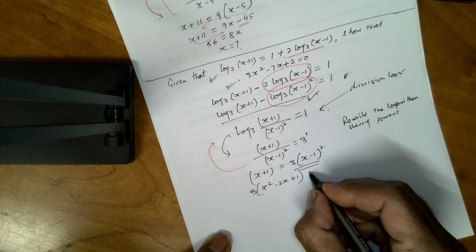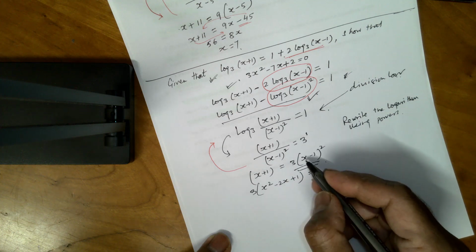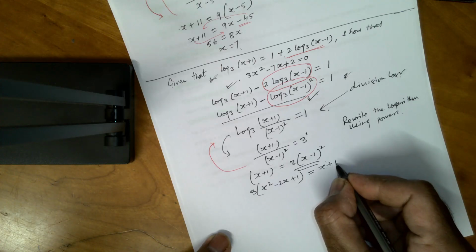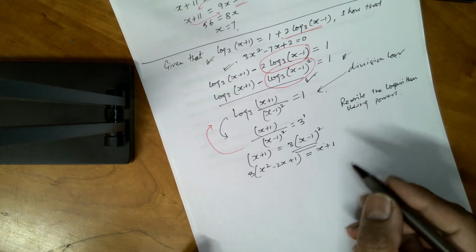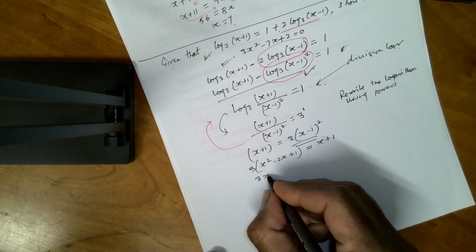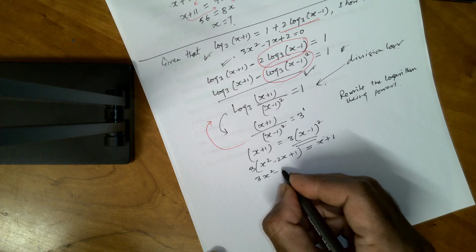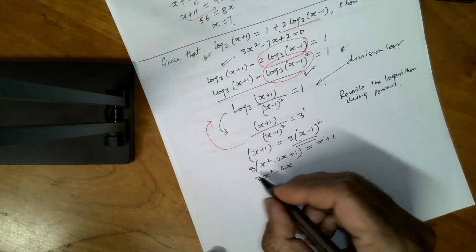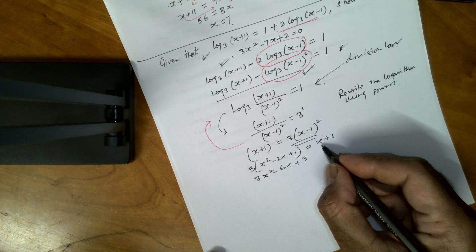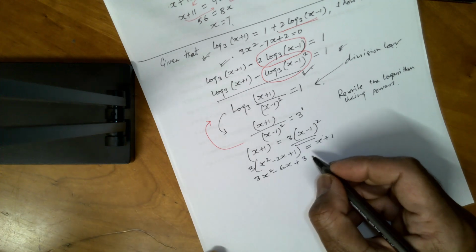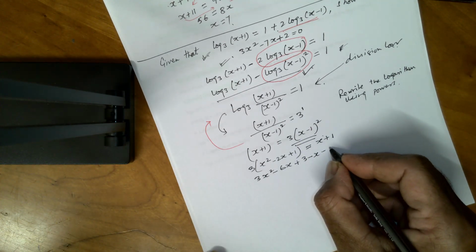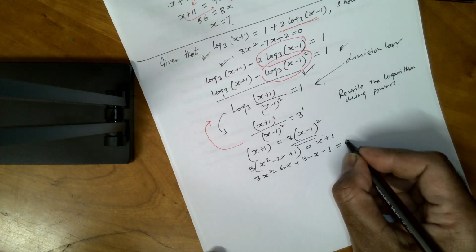And all I've done is simply moved this to the other side, so that I can solve this easily. Now open this again, 3x square minus 6x plus 3, and now bring x plus 1 to this side as well, so the x will be minus x and 1 will be minus 1, and that will be equal to 0.